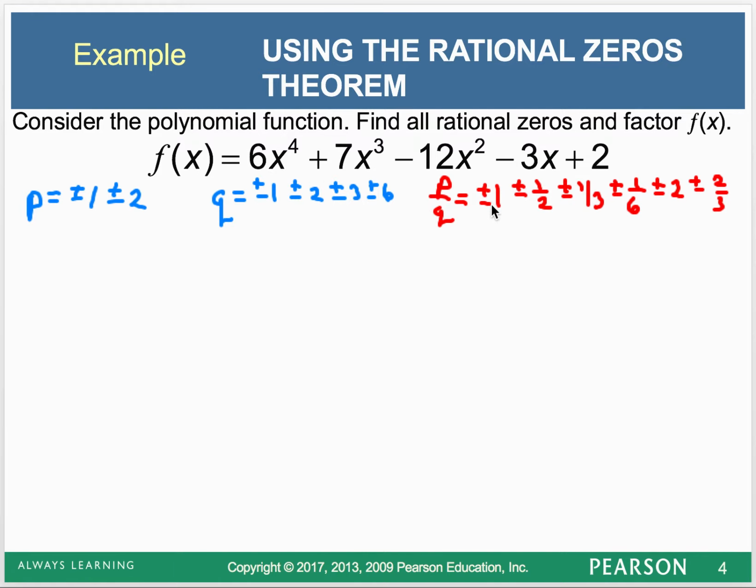So now I'm just going to start dividing by these things and see if I can find a zero. Okay, 4, 3, 2, 1, 0. I don't have to worry about that. 6, 7, -12, -3, 2. Let's just try 1. Okay, 6 times 1.